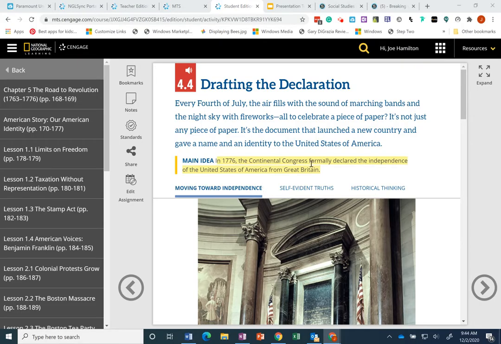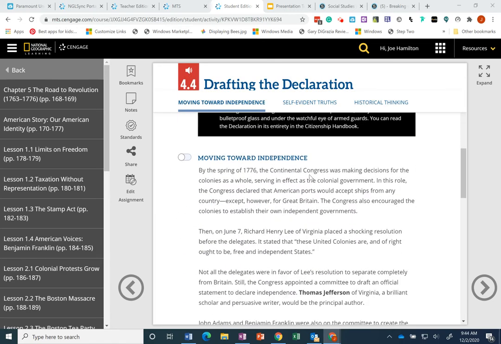Now, don't forget to highlight the main idea. In 1776, the Continental Congress formally declared independence of the United States of America from Great Britain. That's what this is about. The things I want to see on your bubble map would include things like Richard Henry Lee.